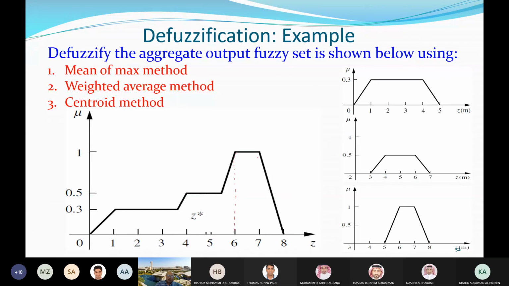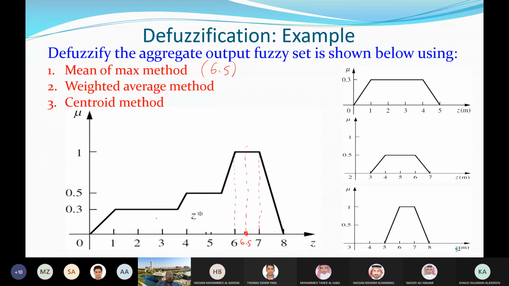If you apply the first defuzzification method, the mean of maximum, the output will come to 6.5. Am I right? Yes, this is 6.5. So this is the output.